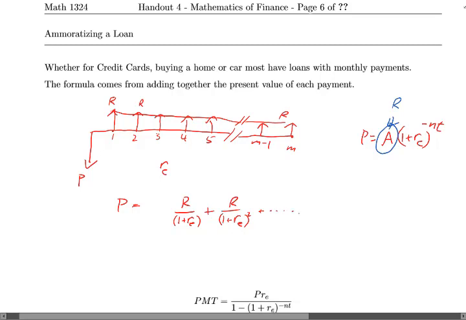And so then you do a whole bunch more of these. R times 1 plus RE to the negative M minus 1, and then you get to the very last one, with negative M on the bottom there.